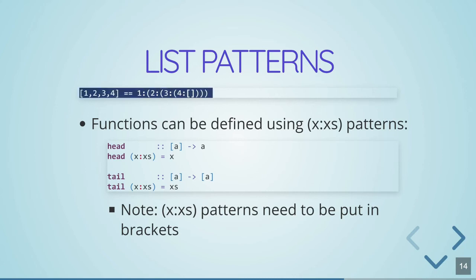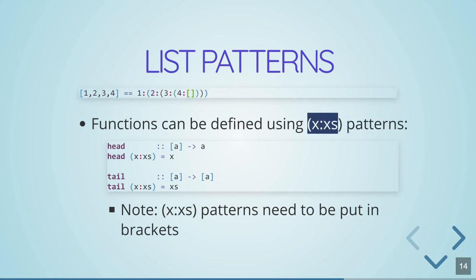Now, the interesting thing here is we can define functions that use patterns of x:xs. In this instance, x would be, let's say, 1, and xs would be the rest of this list, everything else in the square brackets here. So let's say I wanted to write the function head, which pulls the first element of the list out.